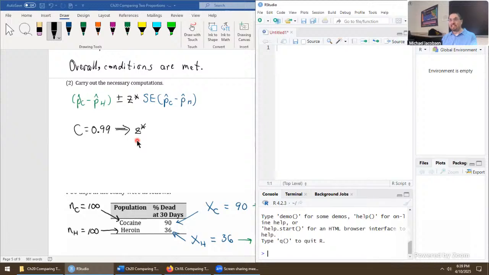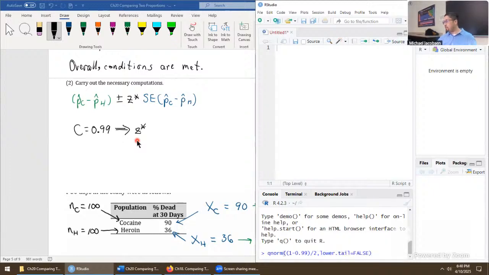That's always a possibility. To compute this one from scratch, you could go to chapter 14 or chapter 19 to see the guidance. This chapter has information too. But it's always the same for z star. Go qnorm. If it was a t star, we would have gone qt for the t distribution. Take 1 minus the confidence we're dealing with, 0.99, divide by 2, and set lower.tail = FALSE.